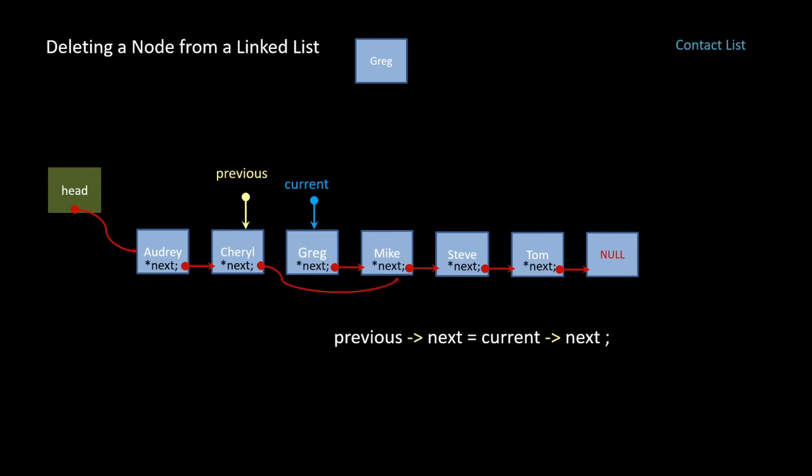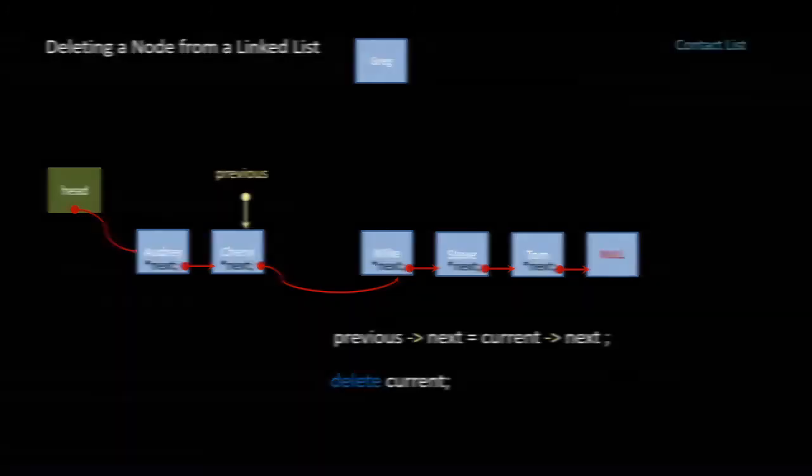But basically this is what I want to do: I want to have Cheryl bypass Greg and go right to Mike. Okay, so I've changed my Cheryl next pointer to be pointing to Mike's next. Then I just do delete on the current. Okay, so there goes Greg. That is now gone, and I've maintained the integrity of all my pointers.